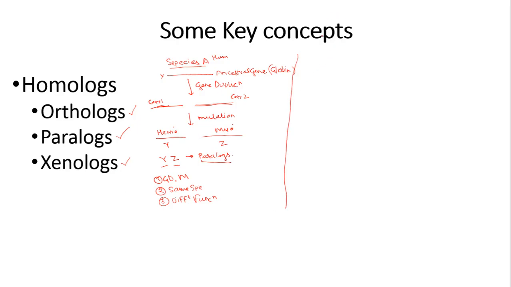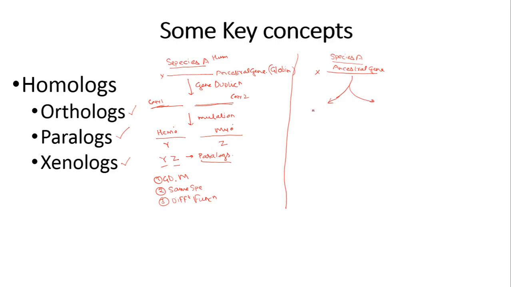So next we have something called orthologs. For orthologs, let us consider you have this species A, and again it has an ancestral gene. Let us call this ancestral gene X, and what happens next is an event called speciation. This species A diverged into two subspecies.